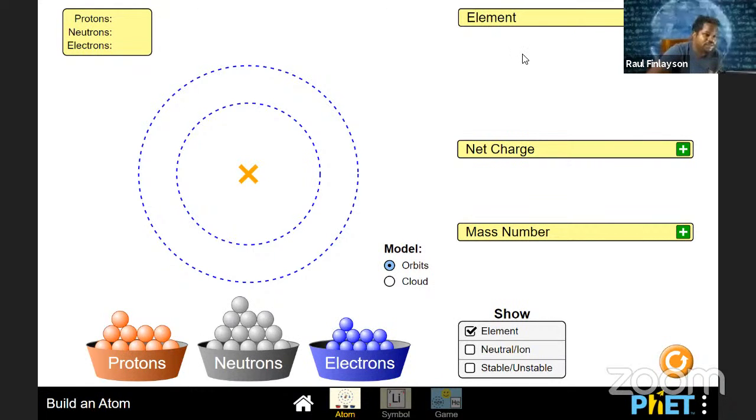What particles are found in the nucleus of the atom? All right, so nobody knows that. Sir, protons.